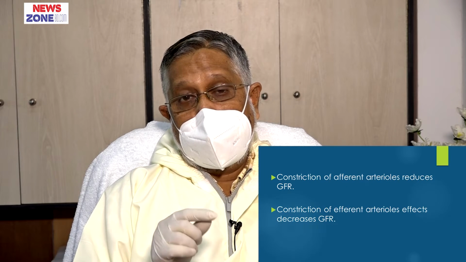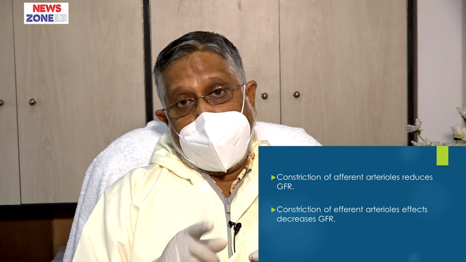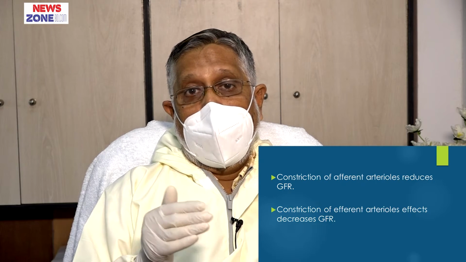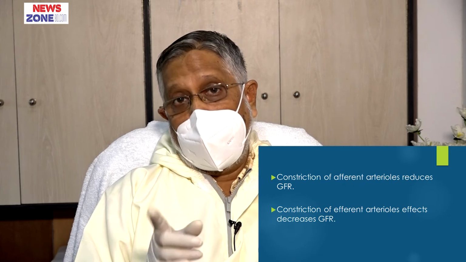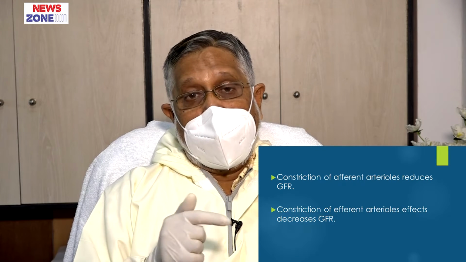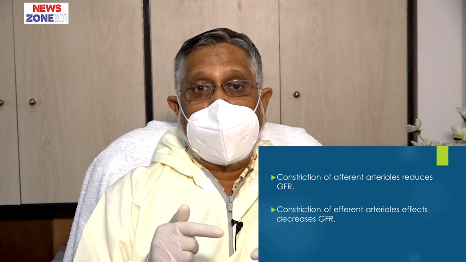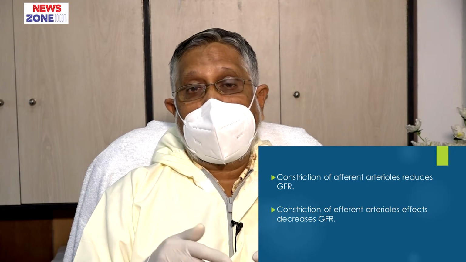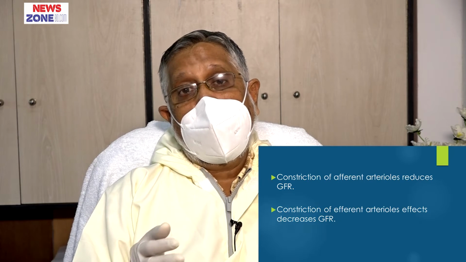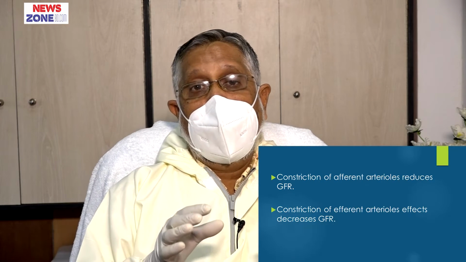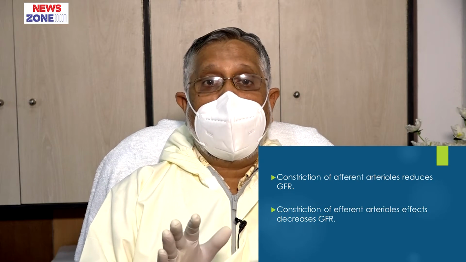Mind this: when afferent arteriolar resistance increases, the GFR decreases. That is inversely proportional. Again, with efferent arteriolar constriction or increased resistance, similarly there will also be a decrease of GFR.